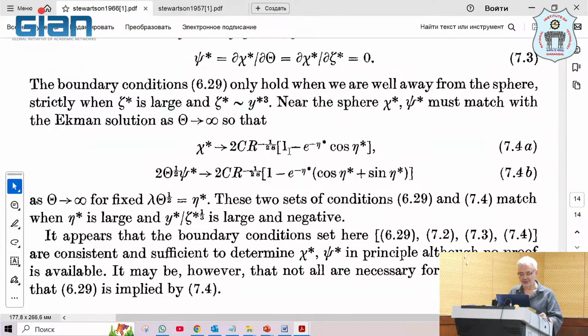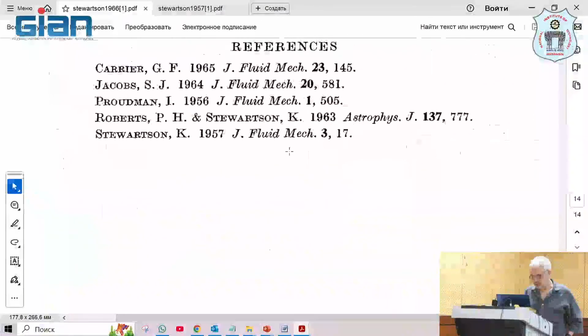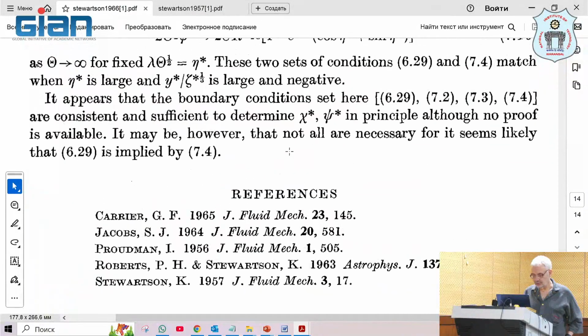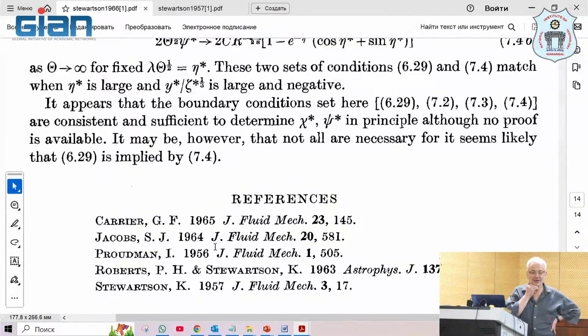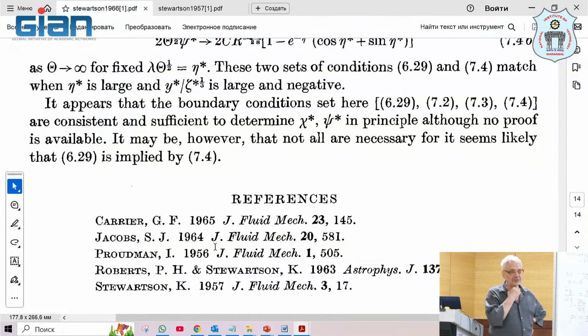So in this ancient time people were quite clever. You see that there is not such a big reference list. People at that time made very original things and very clear stuff. Okay, so maybe there is some question about all this interesting part.